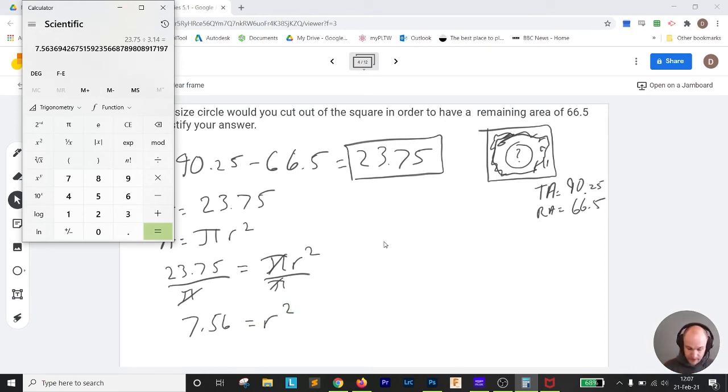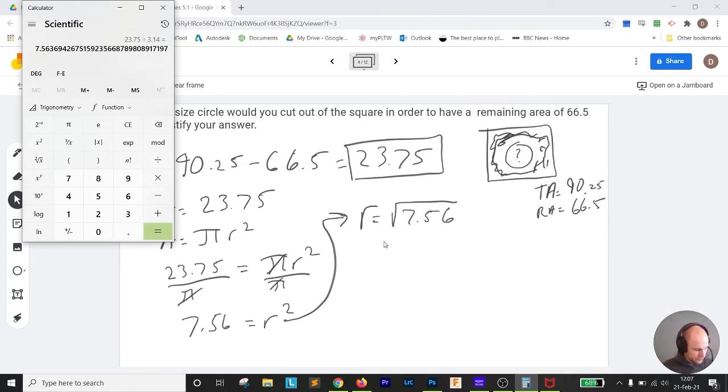So to isolate radius, going up here, we have to isolate radius. So radius would be the square root of 7.56.